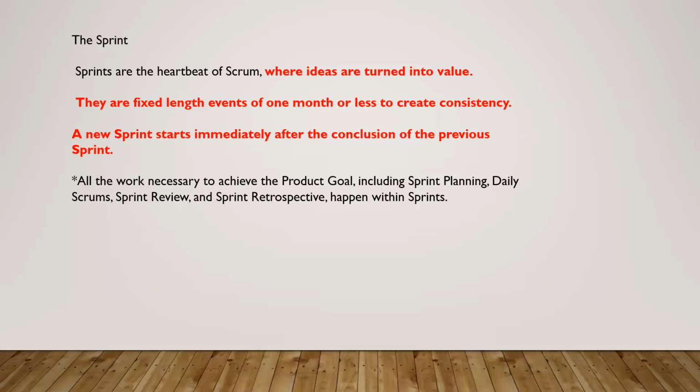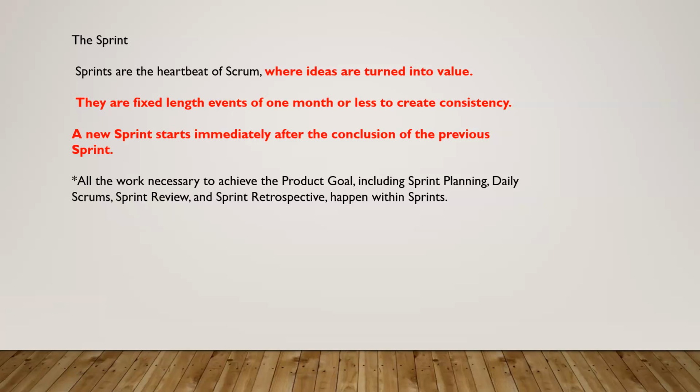How is the length of the sprint determined? As per the Scrum guide, the length of the sprint is given. It has to be either 1 month or less than 1 month, but it must maintain a consistency.